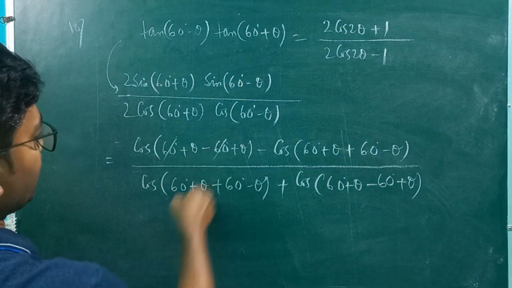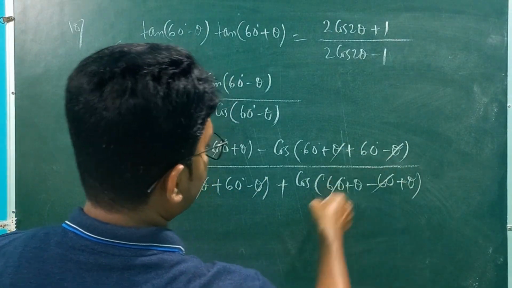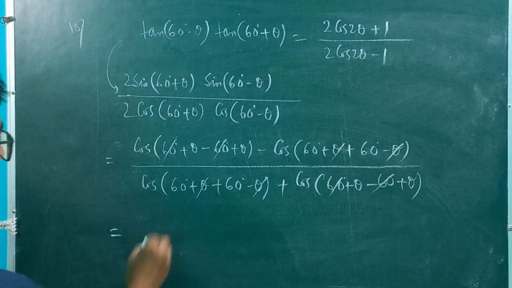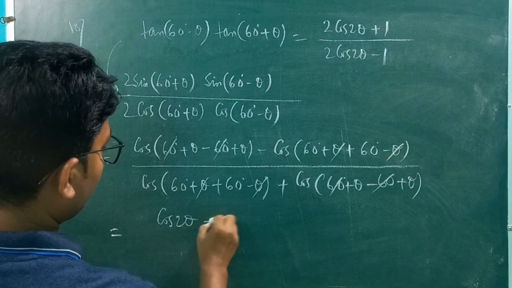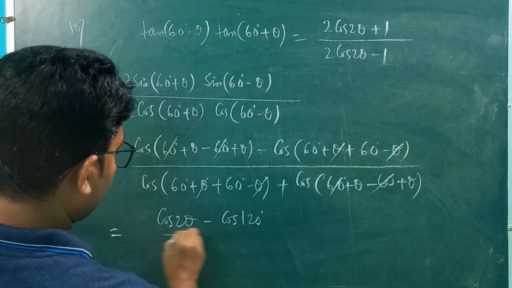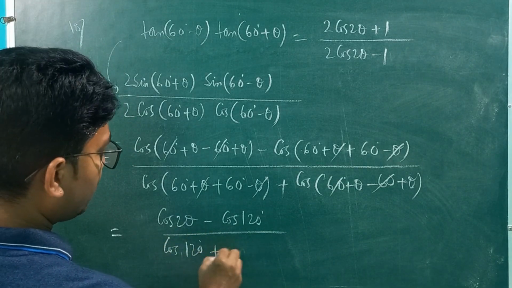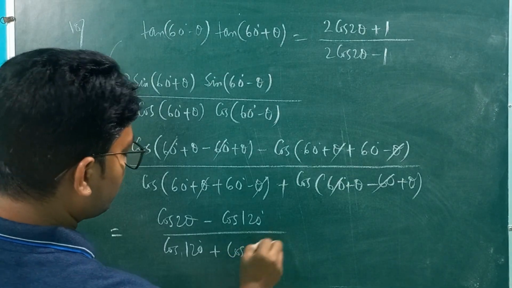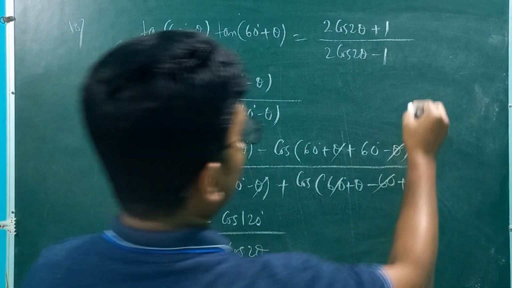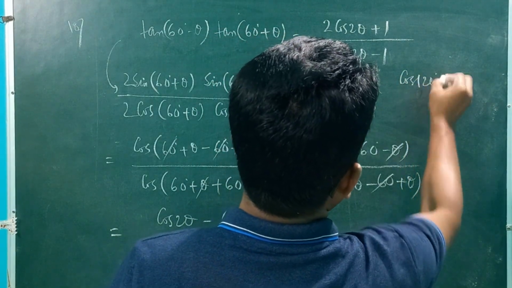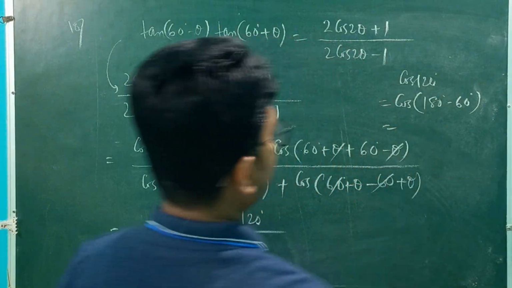So here 60 60 cancel, here theta theta cancel, theta theta cancel, 60 60 cancel. So what you will get: cos 2 theta minus cos 120 by cos 120 plus cos 2 theta. Now what is the value of cos 120? Cos 120 means cos of 180 minus 60.